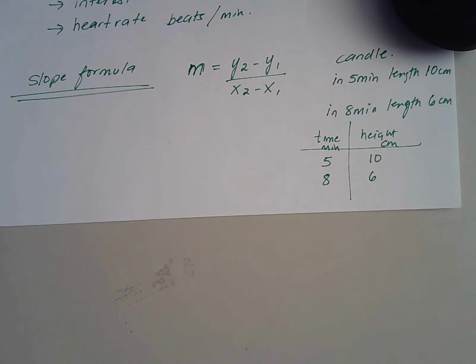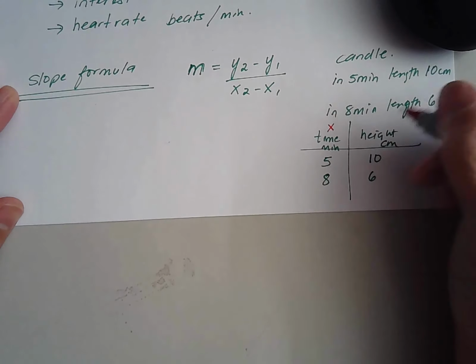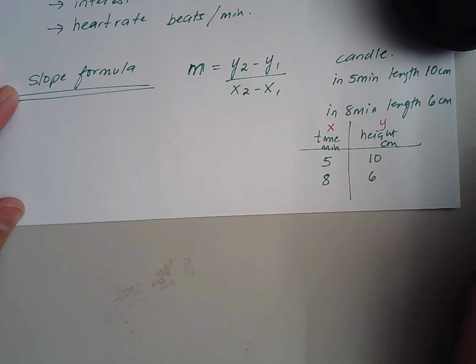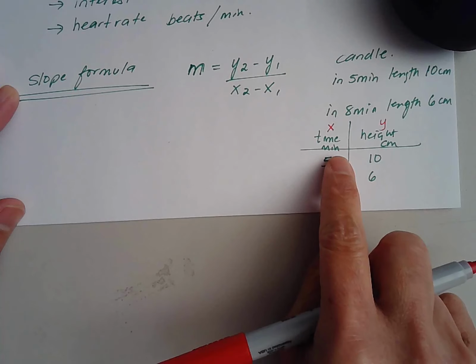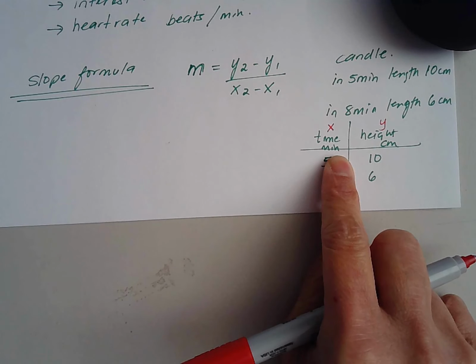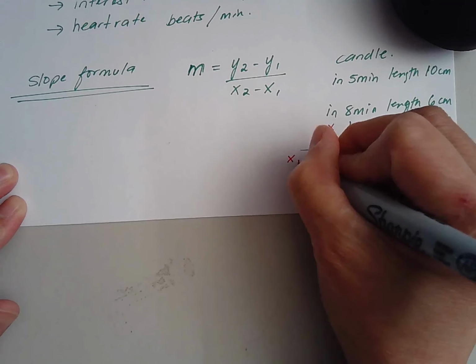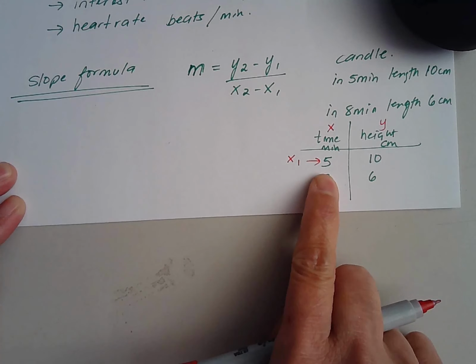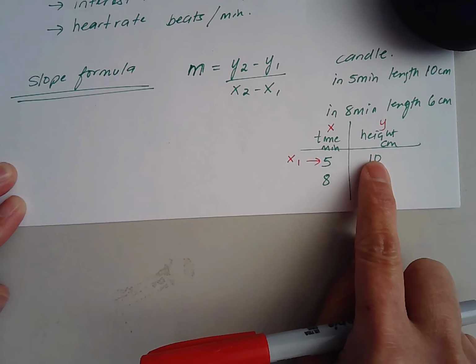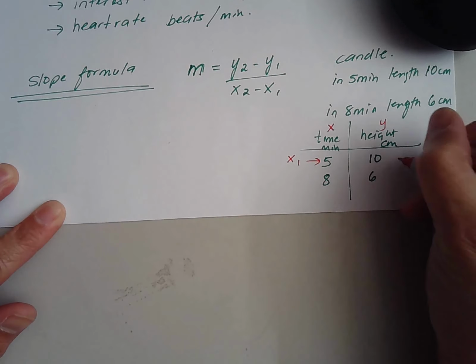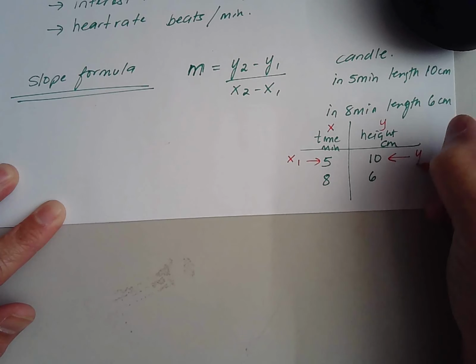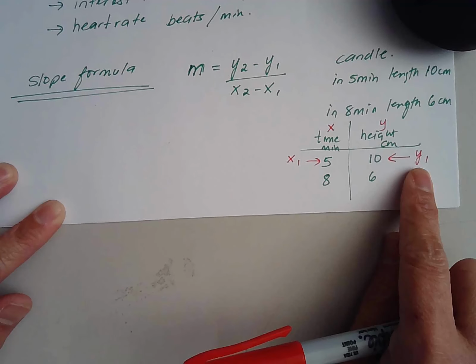Remember, this is our x, and height would be y. This first time, 5 minutes, we're going to call our x1. The height at 10 centimeters would be our first height, y1.